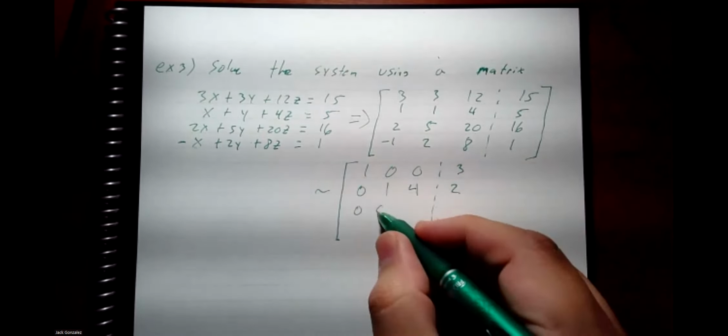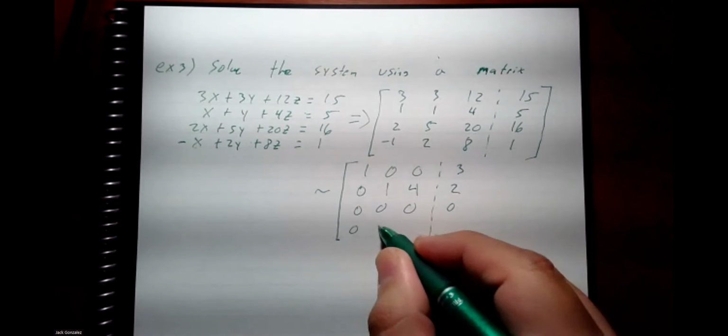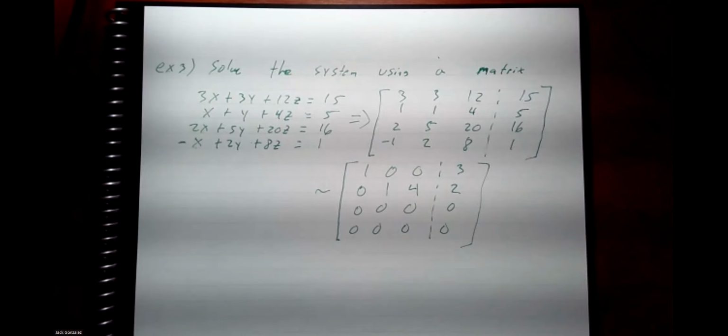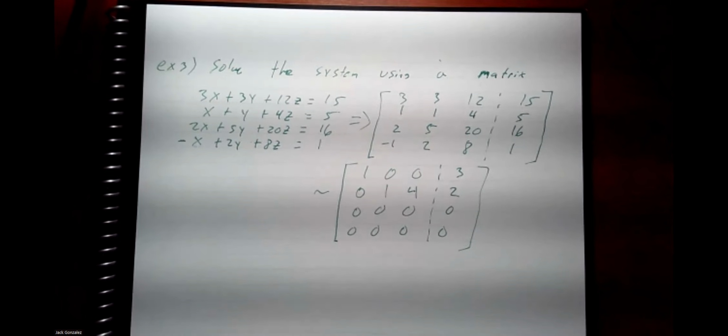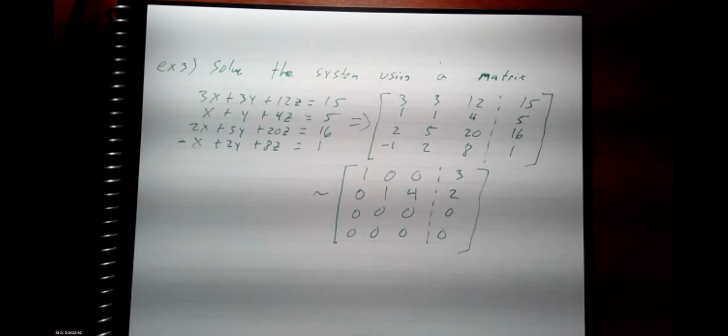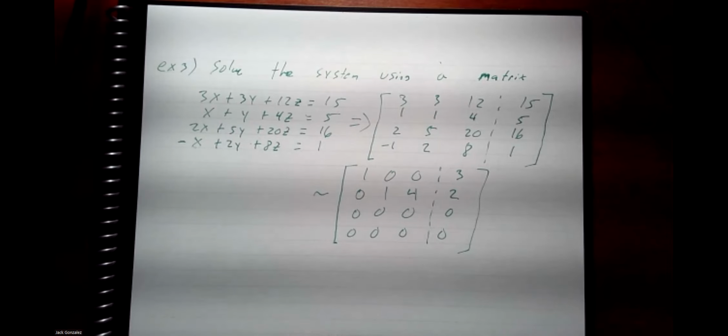Then you get a row of zeros. Sometimes you get more than one row. So this is telling me that x3 is free. There is no x4.